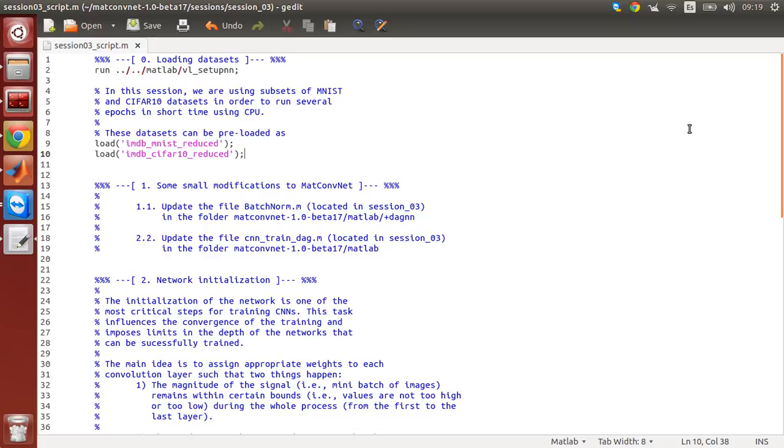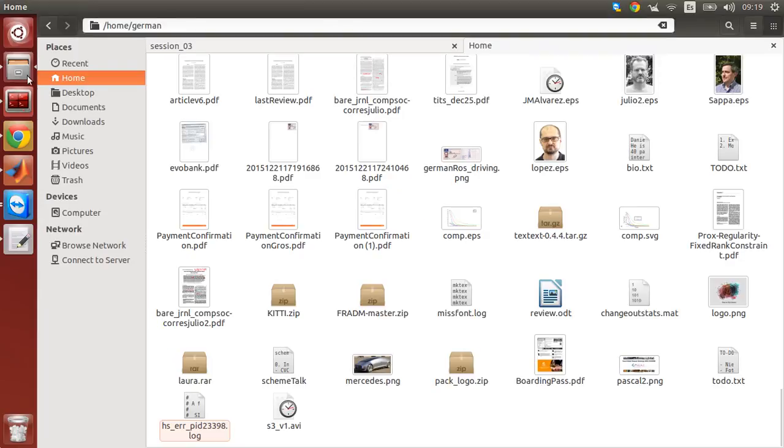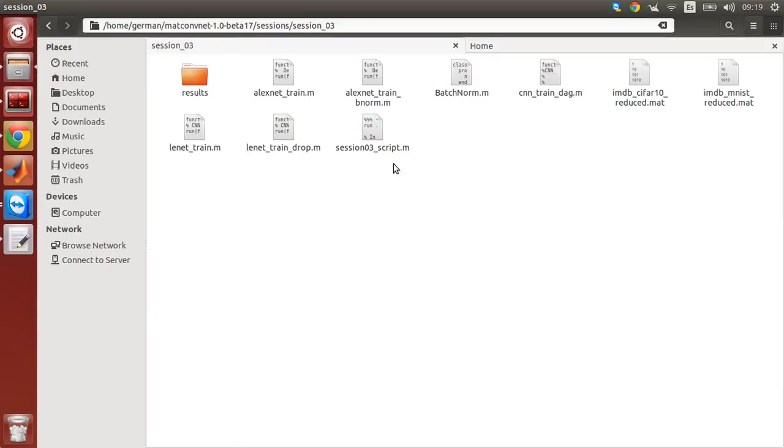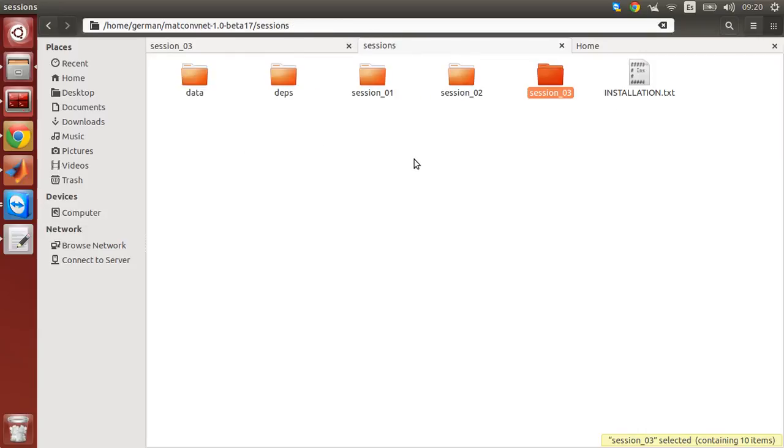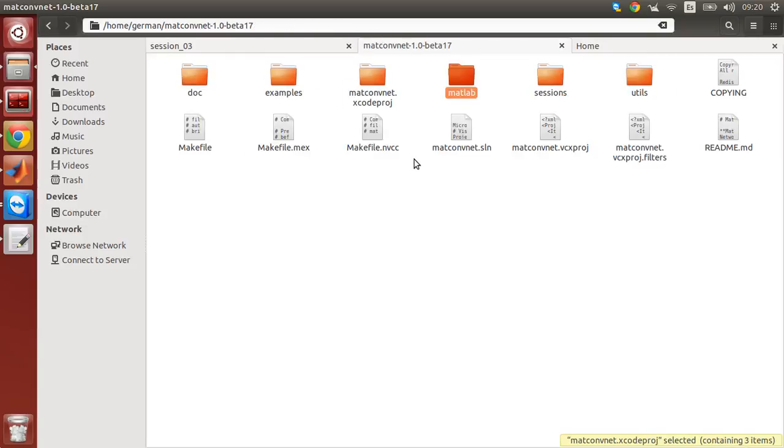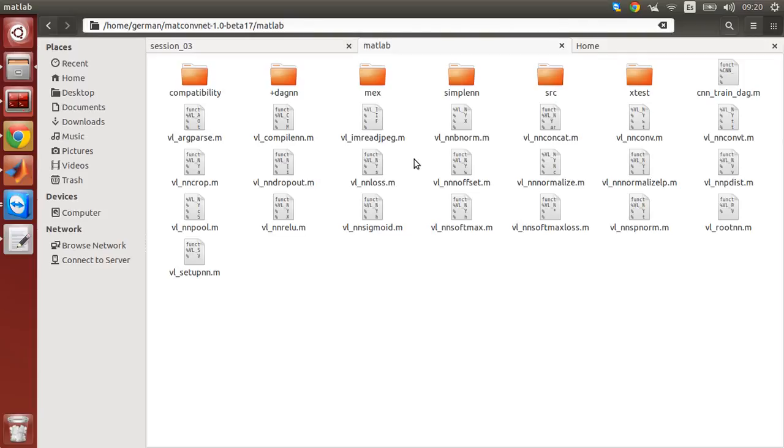So these modifications are quite straightforward. We only need to take batch norm.m and CNN train dag.m located at the folder session 03. Okay, it will be like this one and this one, and we have to copy them to some specific positions of the MatConvNet folder.